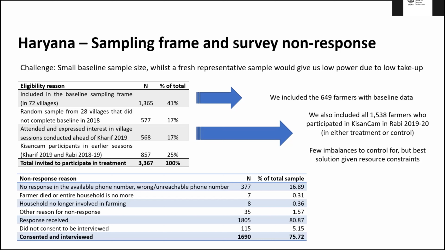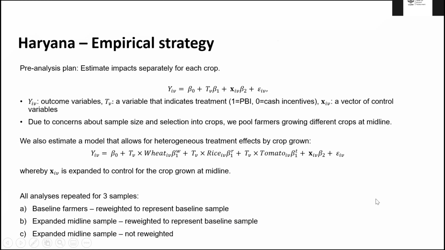So of the total sample, 75% ended up consenting and being interviewed. So for a phone survey, we're pretty happy about that. The endline survey we'll be doing in person, and so there we're hoping to be able to get that response rate further up. So there's a little bit on sampling.